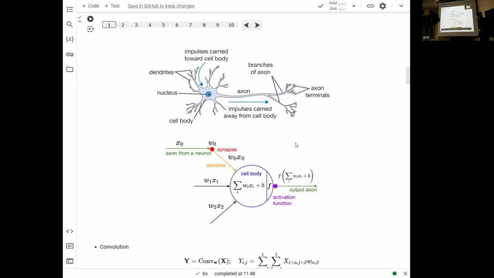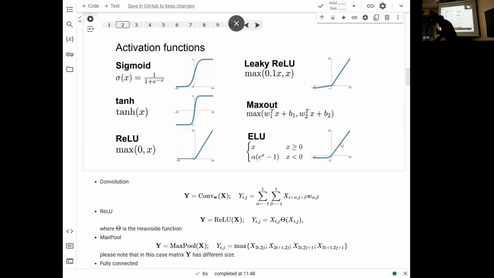And each neuron looks like this. It takes some inputs, it weights them with some coefficients, W0, W1, W2, and so on. And then it uses an activation function on this thing. So we have some linear combination of what entered the neuron, and then we use some function. Which functions do we use? Most often we will see one of these functions.